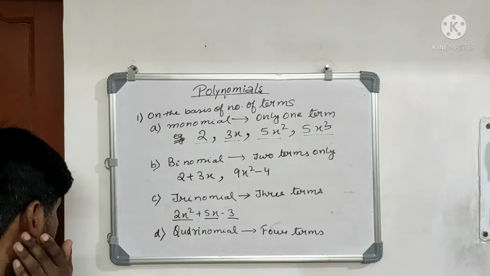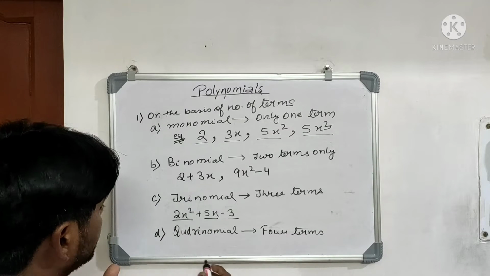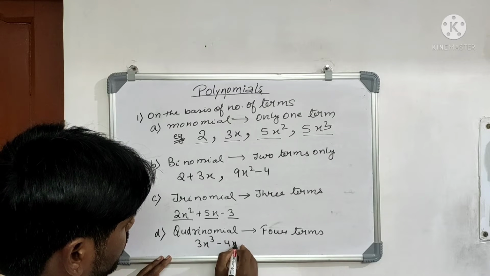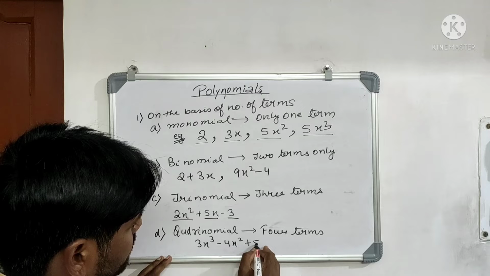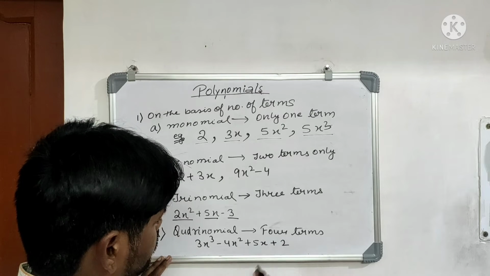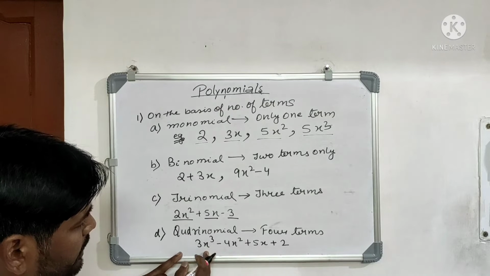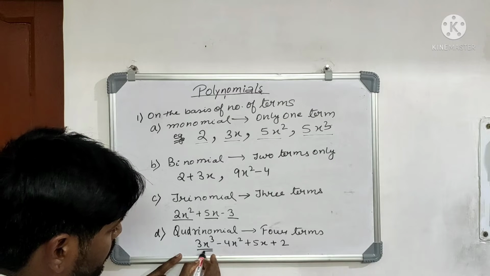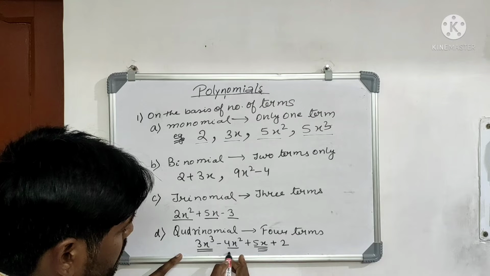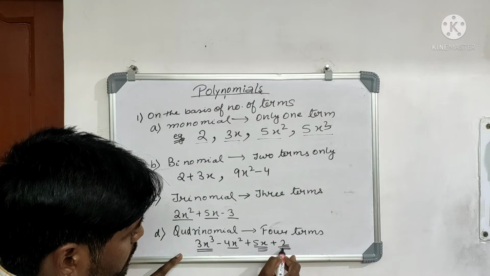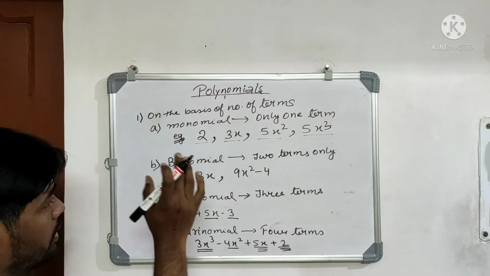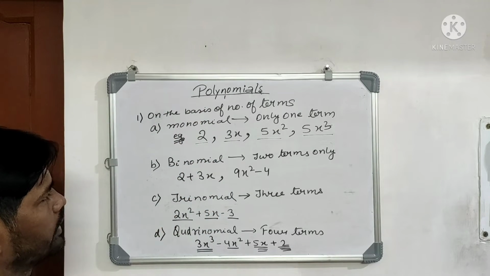Let us write an example of a quadrinomial as 3x to the power 3 minus 4x square plus 5x plus 2. Here we have 4 terms: the first, the second, the third and then the fourth. So these are the examples of monomial, binomial, trinomial and quadrinomial.